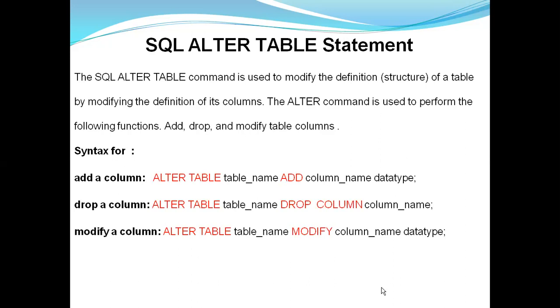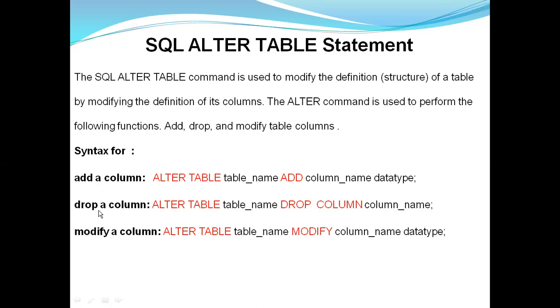These keywords decide what you are doing: add is adding the column, drop is dropping the column, modify is modifying the column. Add simply adds a column: alter table, table name, add, new column name and its data type and size. Simple.